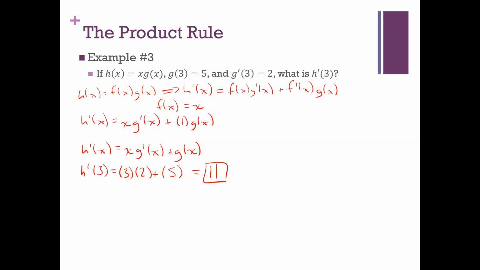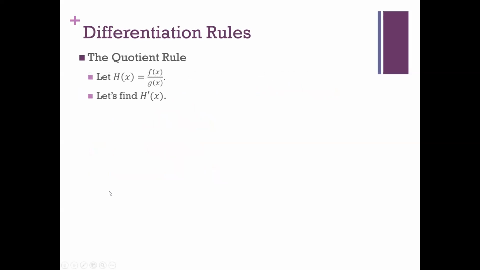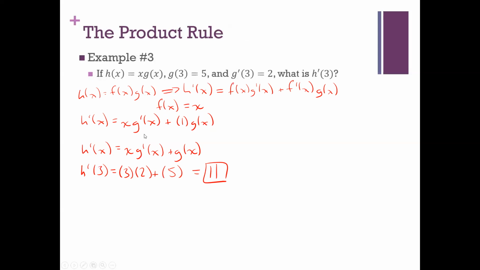Anything else? All right. How did I get 1? I'll put it to the rest of the room. How did I get 1 there? Right, that's the derivative of f. So power rule on just x, it'll be 1.